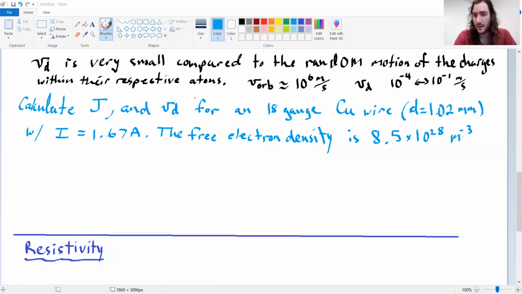Notice the units here on the free electron density. It's a density, meaning you need to multiply it by the volume in order to get the total number of free electrons. In this case, you're not given a length for the wire, so you'll multiply by the cross-sectional area.